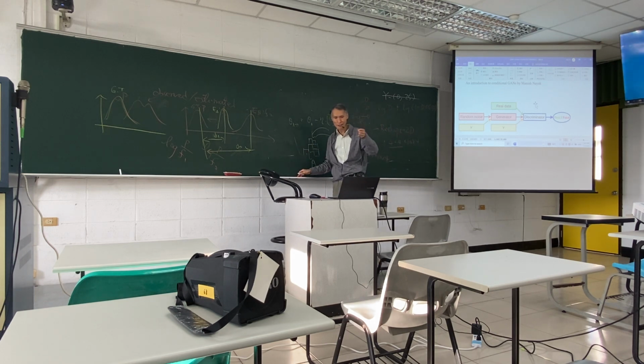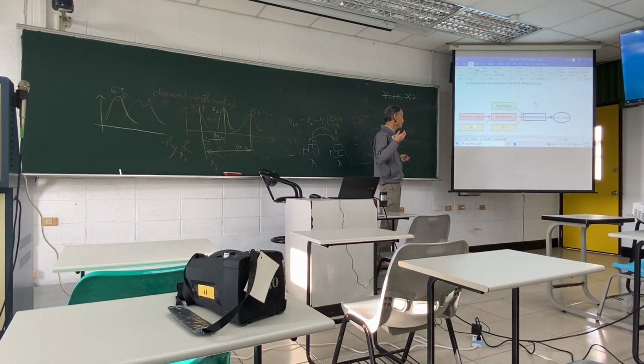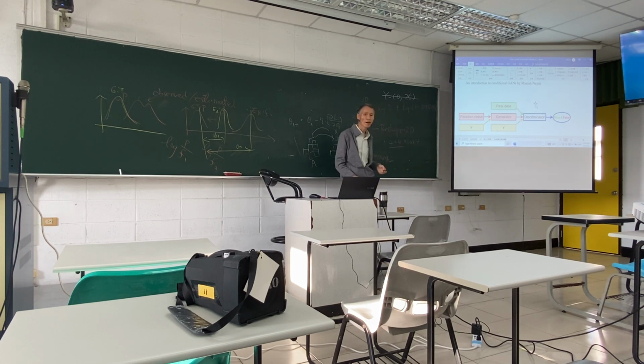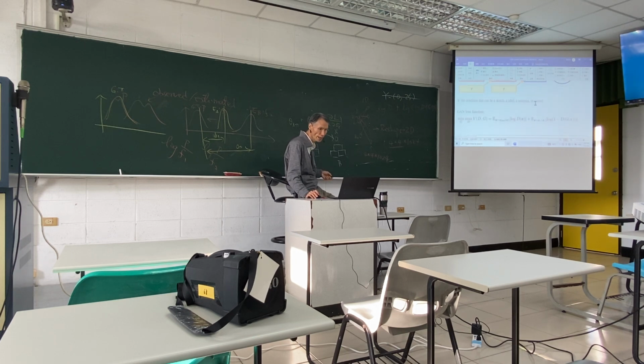So the condition can be an image, or even a sentence, a text, or a vector value. This is called the conditional GAN, so that you can control the output that you are looking for.